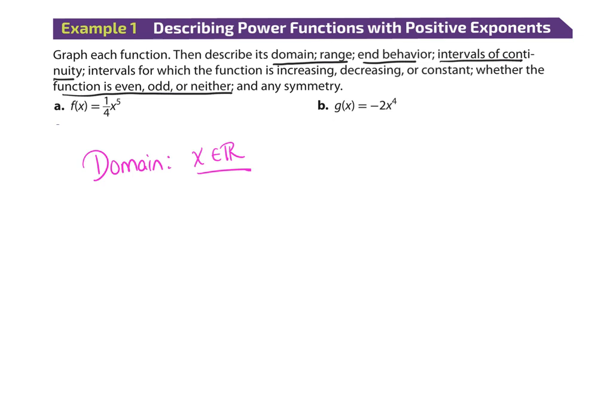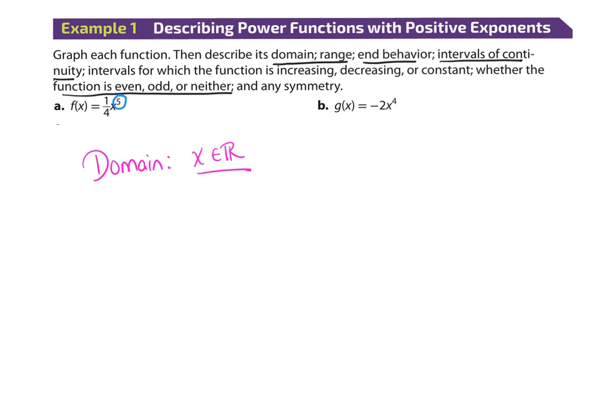So then my range, all right, if I look at this and look at range, range is my y value. And really, I'm going to think about what happens to this graph before I answer this question. I'm actually going to look at the end behavior first, okay? So remember end behavior, I'm going to look at this guy right here. It's a 5, all right?